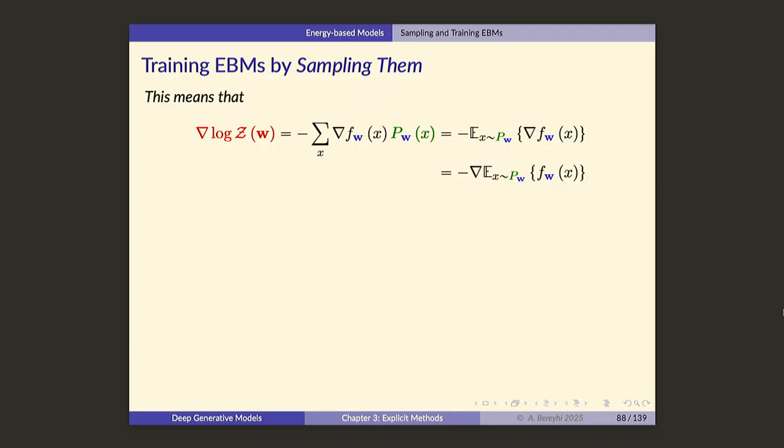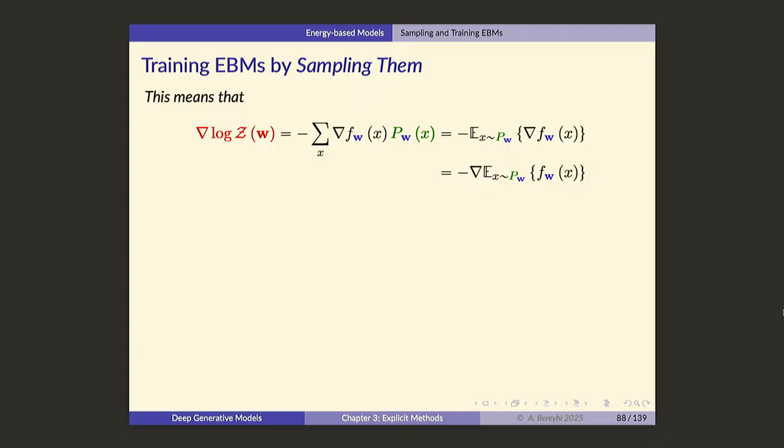Now, I told you that you have the genie who is able to sample from the distribution. If you have the genie, can you compute that expectation? Or can you estimate it at least? Yes, you can. You can just ask the genie to give you enough samples, and once you have them, you compute your function at those samples and average them out.